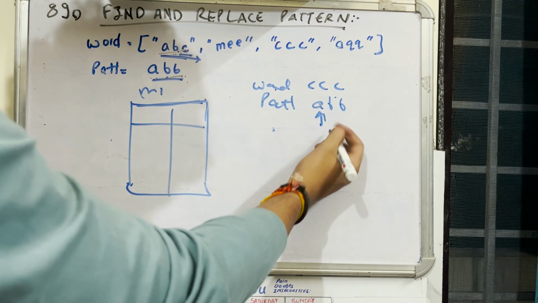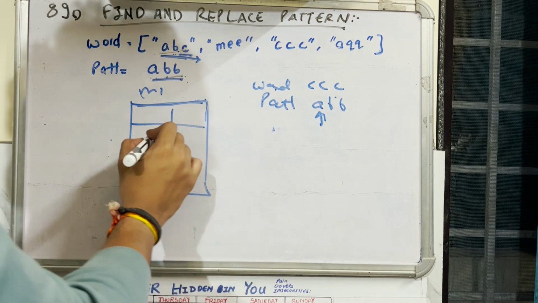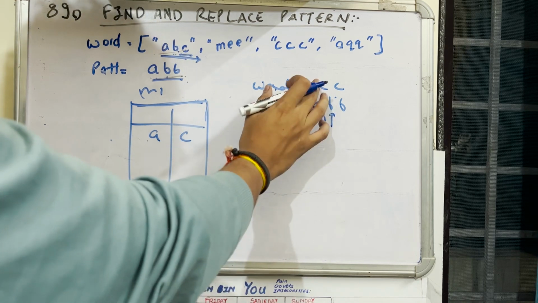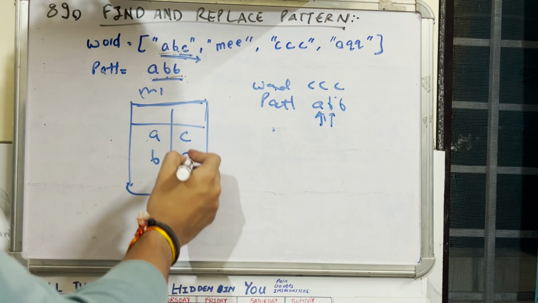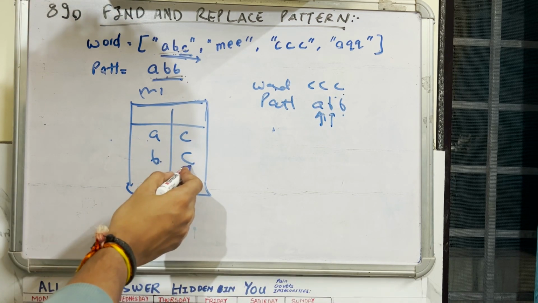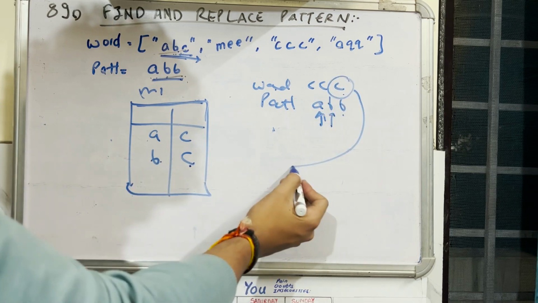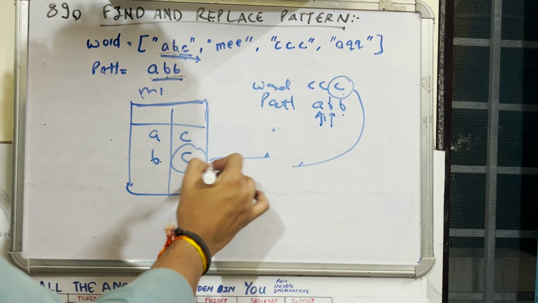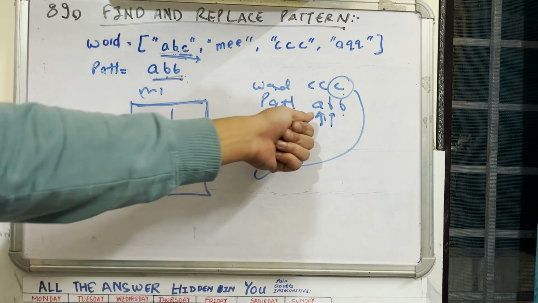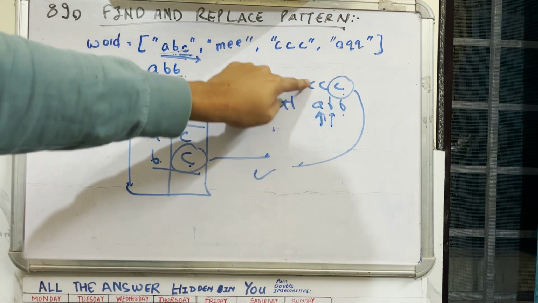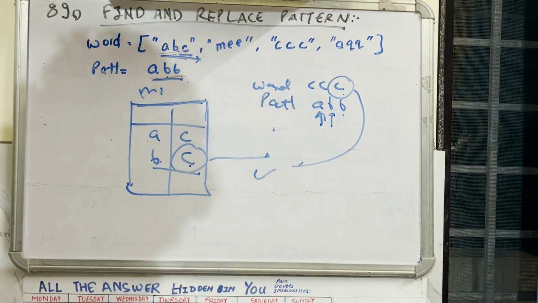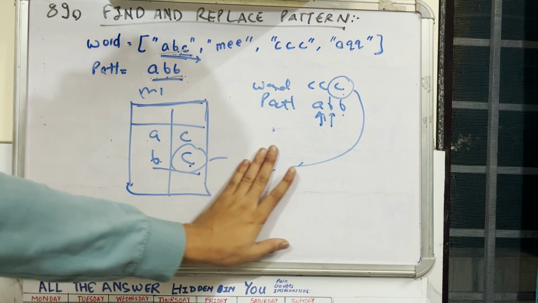For this A, you don't have anything, so you'll insert A and C. For this B, you don't have anything, so you'll insert C. And for this B, you have this C, which is the same as the value that you are inserting, so it will be okay. But if you look closely, this is not the same pattern that you should have according to the question. So how do we overcome this?